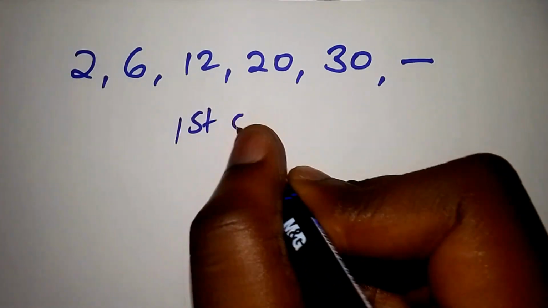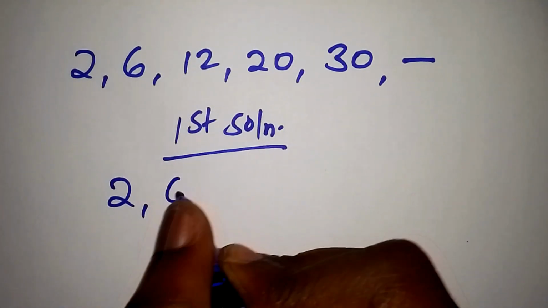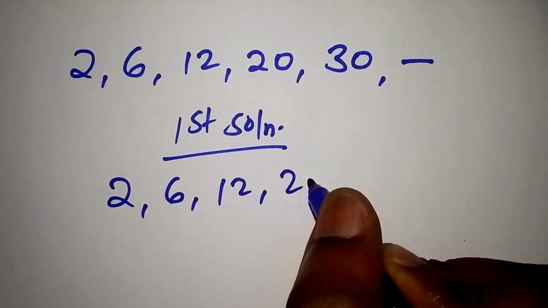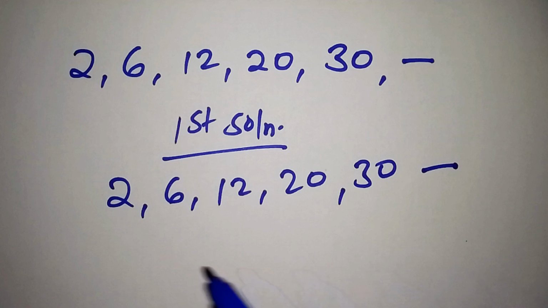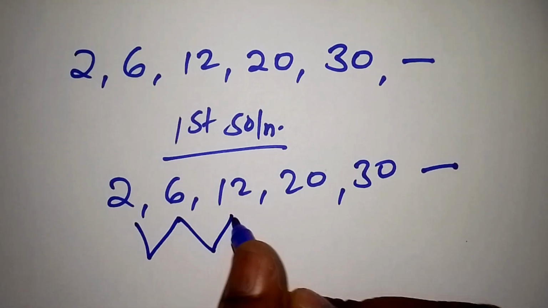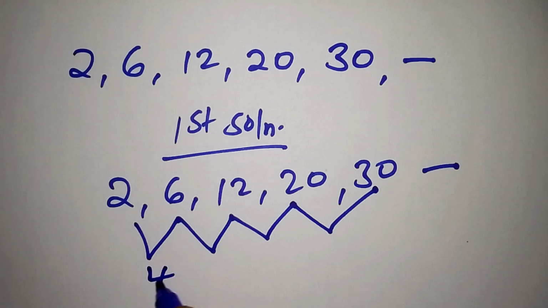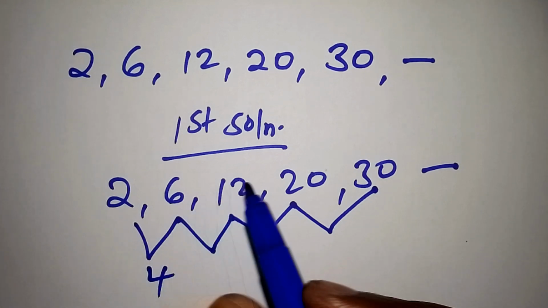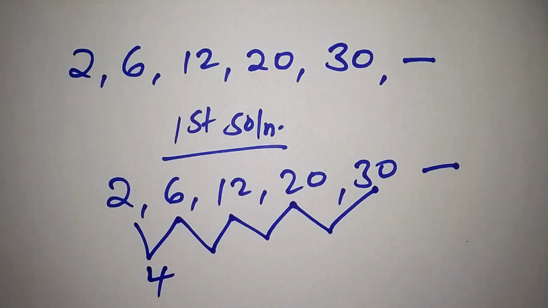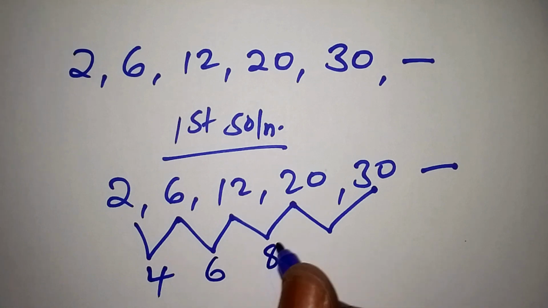So the first solution is that we shall write the entire number: 2, 6, 12, 20, then 30. We are asked for the last number. Now we say that 2 plus 4 is 6, then 6 plus 6 is 12, then here is 8.